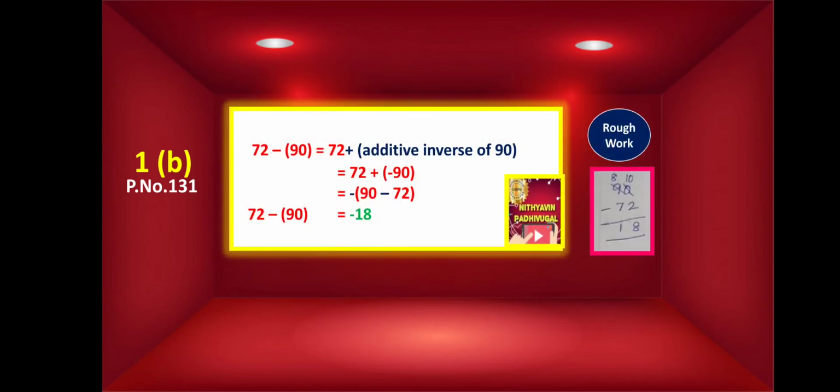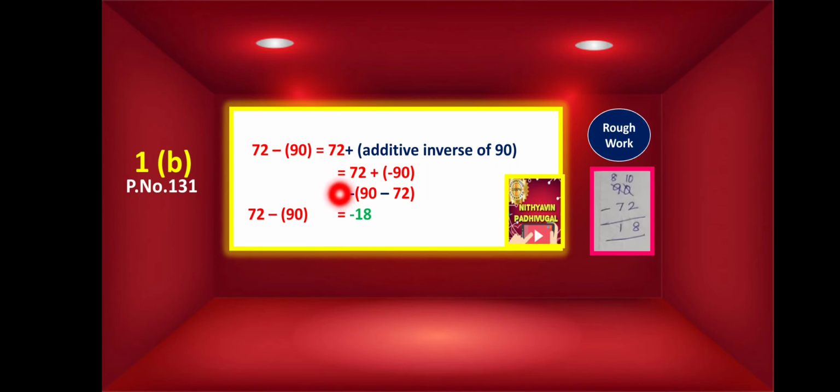Next, 72 minus 90. These two are integers with a subtraction symbol minus. This is a problem of subtraction of integers. So, we have to add the additive inverse of the number that is to be subtracted. Here 90 is to be subtracted from 72. So, we have to add the additive inverse of 90 to 72.